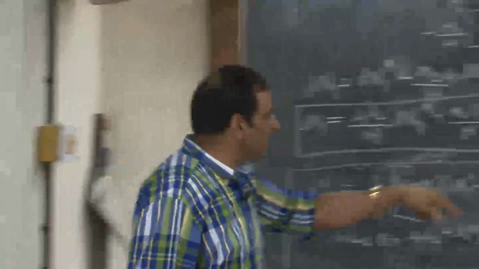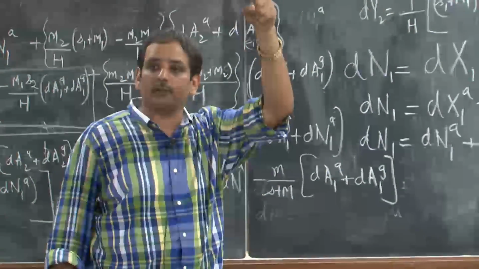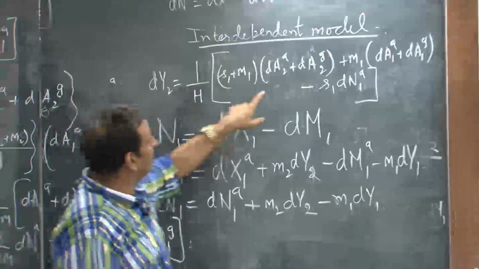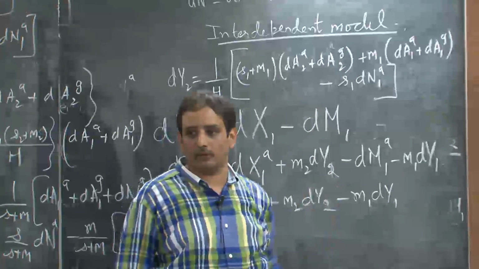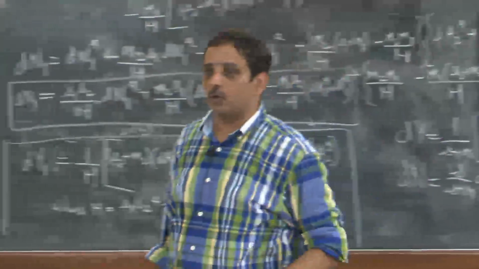Now, bring in the interdependent model. When you increase expenditures, their incomes also go up, because dy2 is not only a function of your expenditures, but their expenditures also. So, when this goes up, their incomes go up, their imports go up, our exports go up.